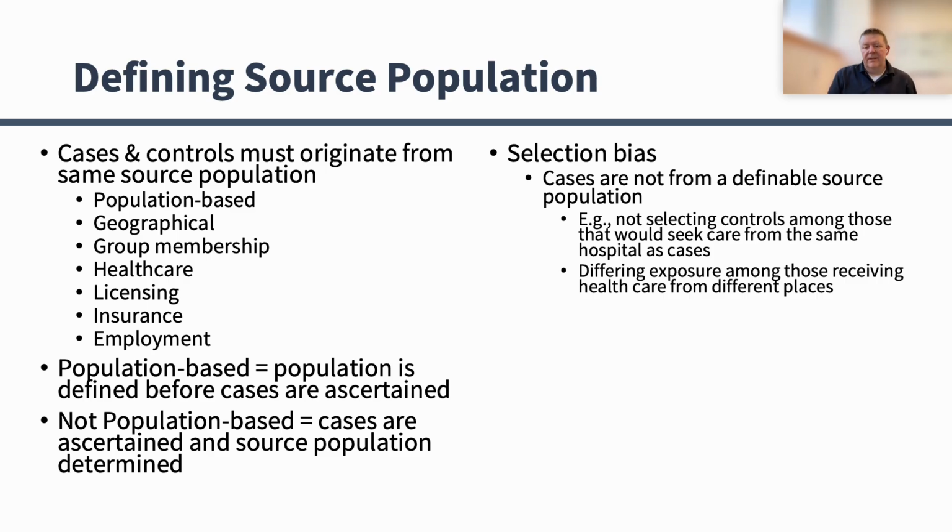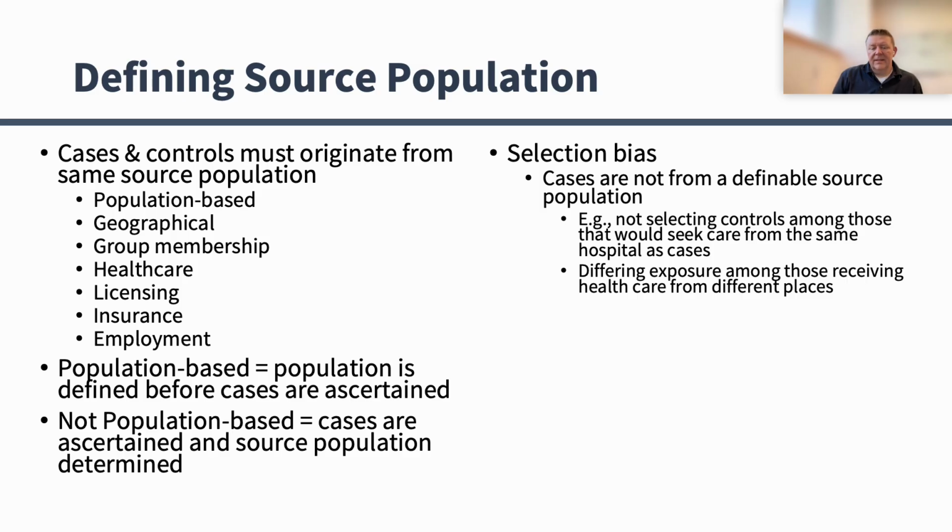So next step, which, like I said, we might have done earlier, the source population is an important key part of a case control design in order to identify cases and controls appropriately, because both of them have to originate from the same source population.